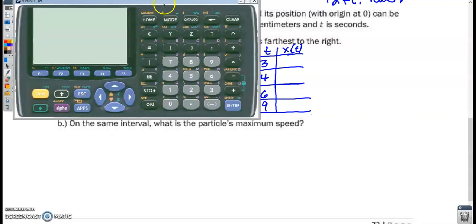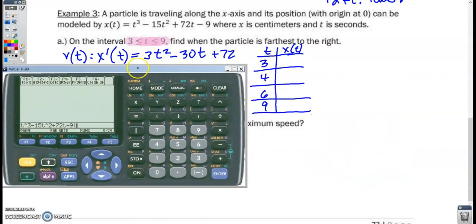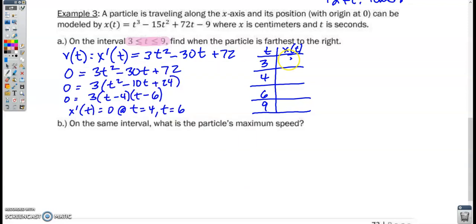So I'll grab my calculator here. I'm going to type my position function in here. You can evaluate this however you please, whatever's easiest for you. I happen to like using this particular approach on my particular calculator. I'll type the function in, and then figure it out for the various values.